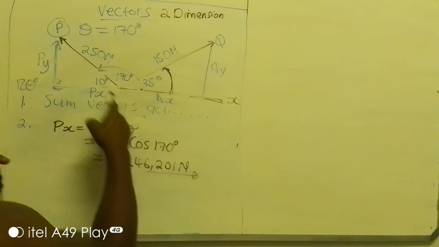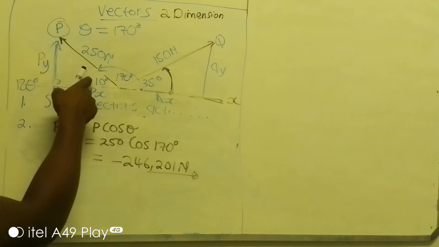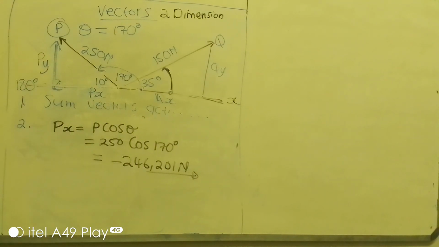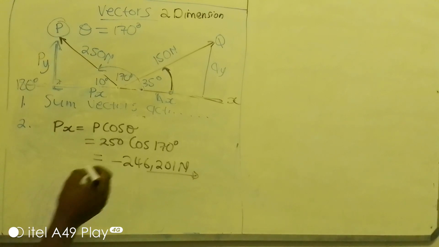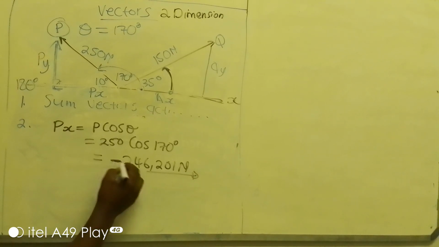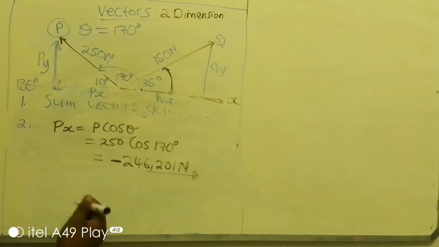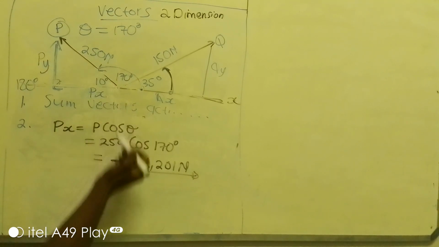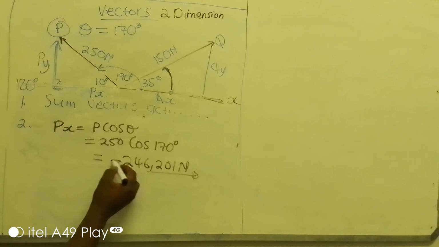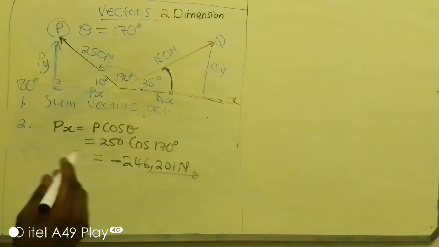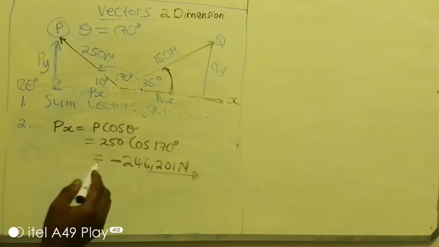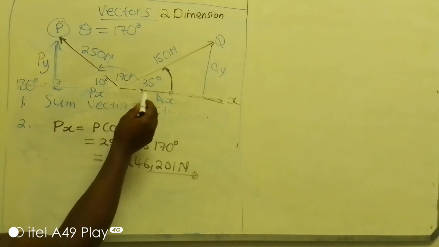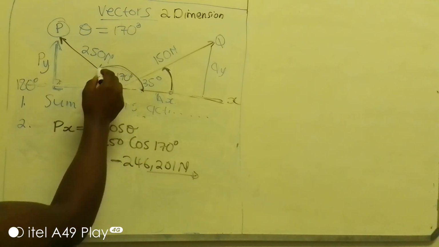Look, why can't we use this 10 degrees? The reason we can't use 10 degrees is that once you use 10 degrees, you will get a positive answer, and once your answer is positive, when you look for the resultant you won't get the right answer. Your answer won't be precise or correct if you used 10 degrees. You would get the right magnitude, but the sign won't be there, which will mess up during the calculations. Always measure theta starting from the positive x-axis to the vector itself.